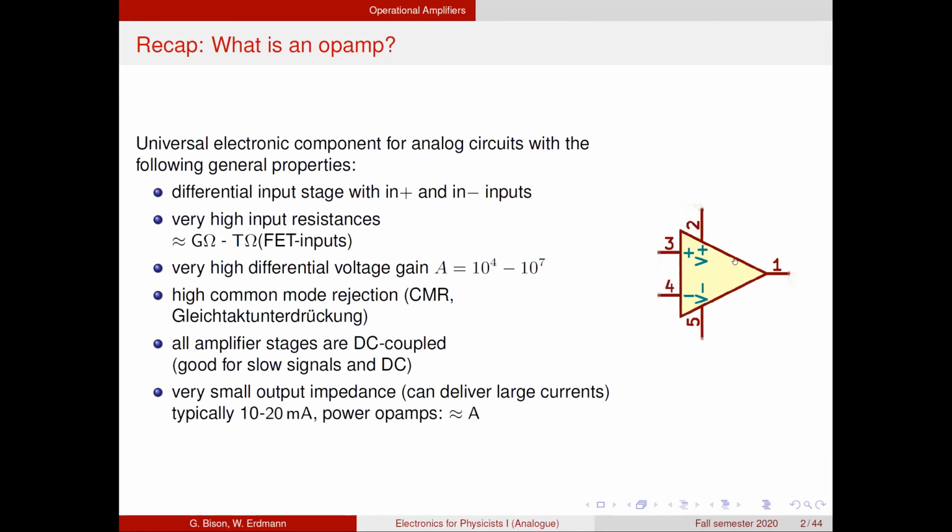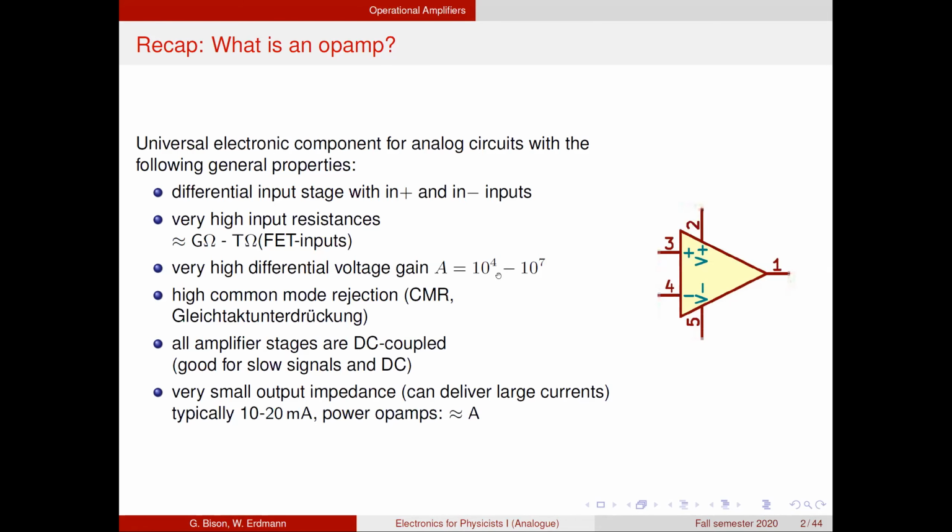Op-amps have differential input stages. They have very high input resistances, up to teraohms. They have very high differential voltage gains, so the gain A can be up to 10 to the 7. A high common mode rejection ratio, which Wolfram has explained.